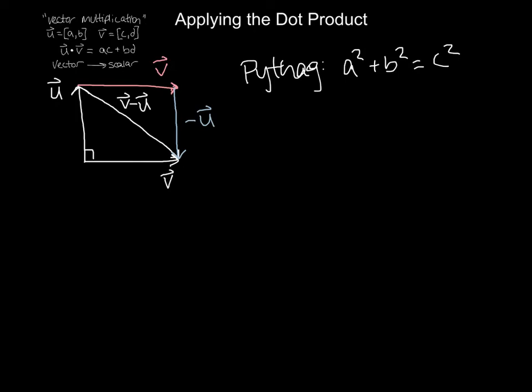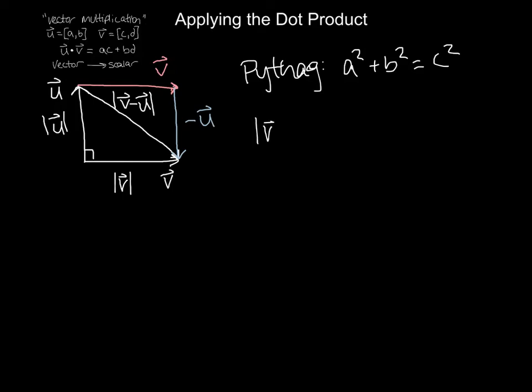So let's do that with our vectors. Remember, we need to use the magnitude of our vector. The way we denote the magnitude of a vector is with these little absolute value lines. So there's the magnitude of v, the magnitude of u, and I'm just going to put magnitude around that so I don't have to scrunch it in there. Now we're going to translate that over to the Pythagorean theorem. Our a, let's call it v.